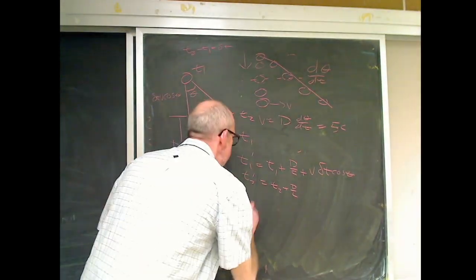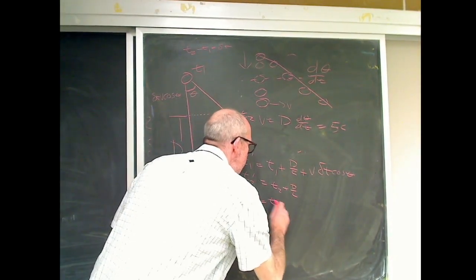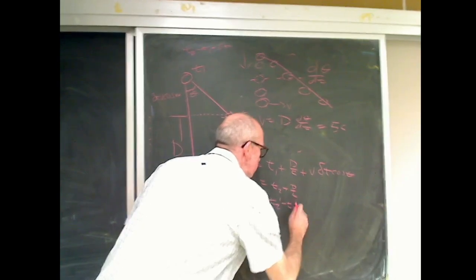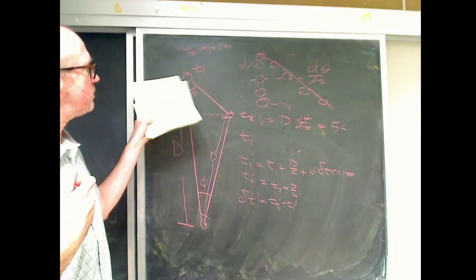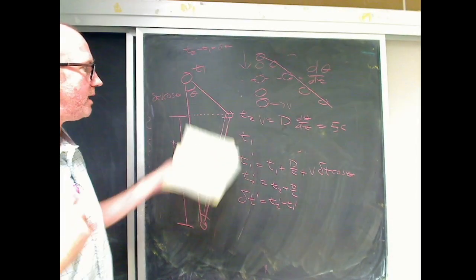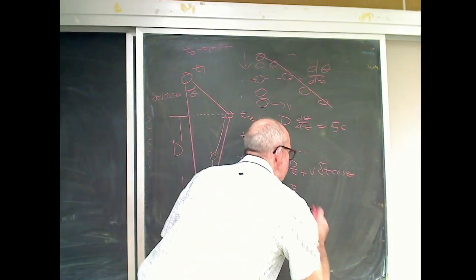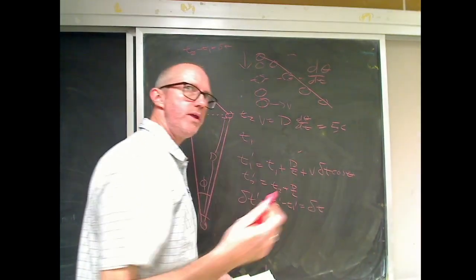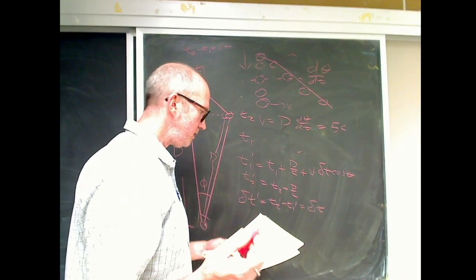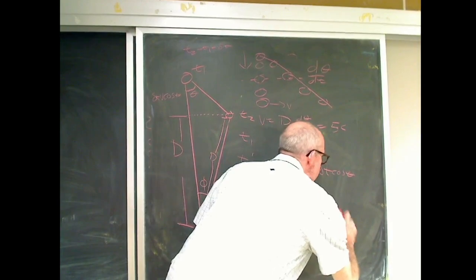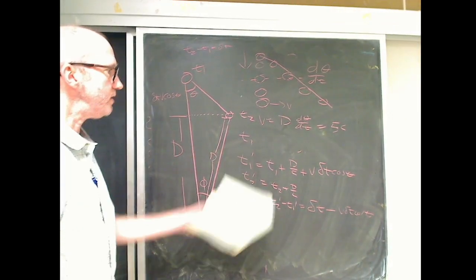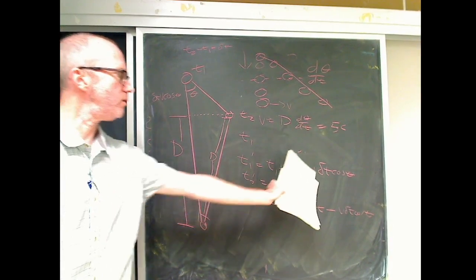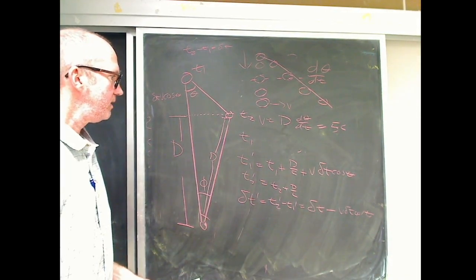So the time difference in my frame between when I get this photon and when I get this photon is delta t, when they were emitted, minus v delta t cosine theta. Then just take the deltas of these two things. The only thing that's different is that.